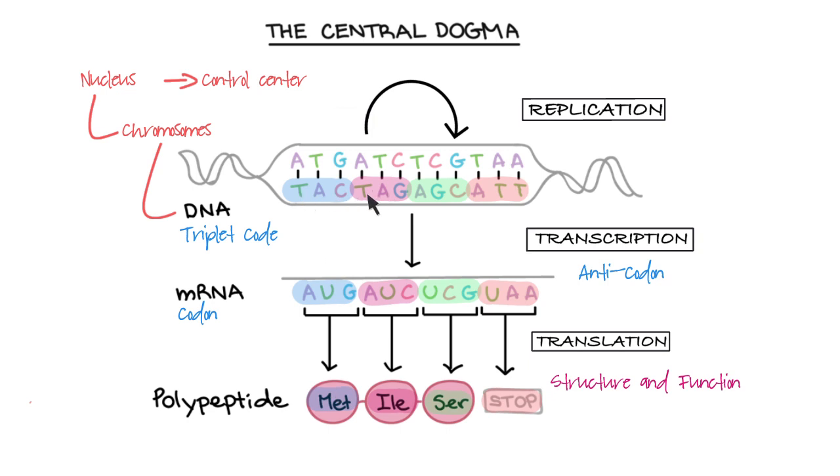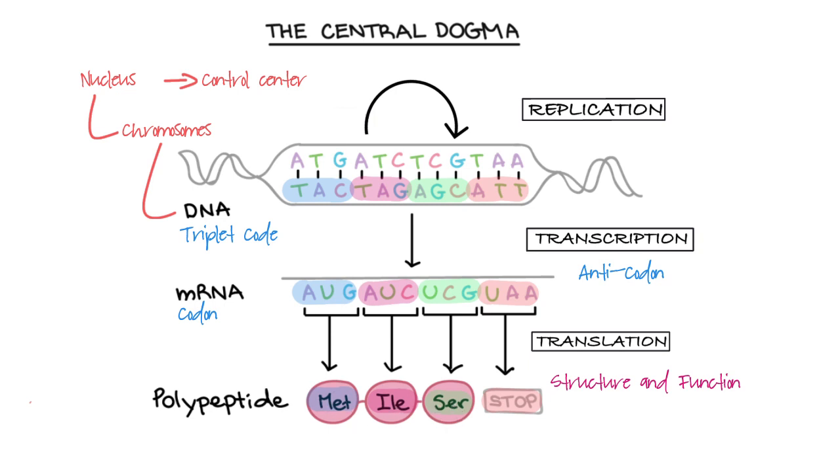So a triplet code will be transcribed into a complementary codon on the mRNA, and the codon will be translated into a specific amino acid in the polypeptide chain. This is how the sequence of nucleotides on the DNA is ending up to determine the sequence of amino acids in the polypeptide.